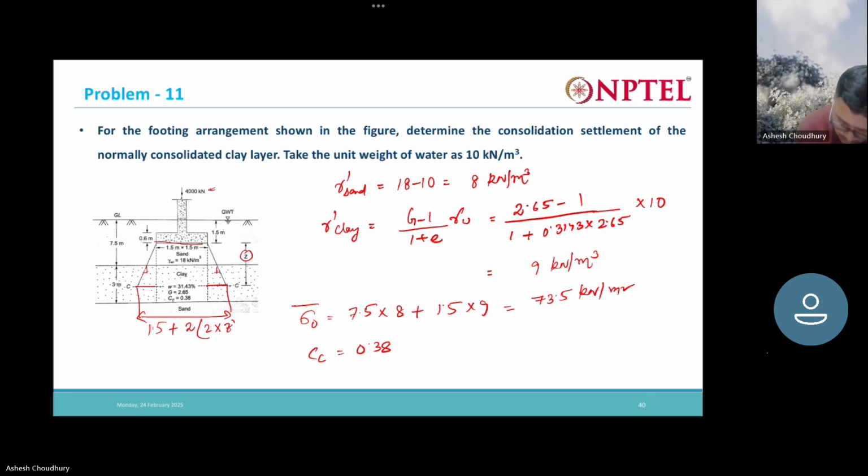Z. So 1.5 plus 2 into Z. What is this Z? 7.5 minus 1.5 is 6. So here to here it's 6, and 6 plus 1.5 is again 7.5. So Z is nothing but 7.5. Right? So 7.5.